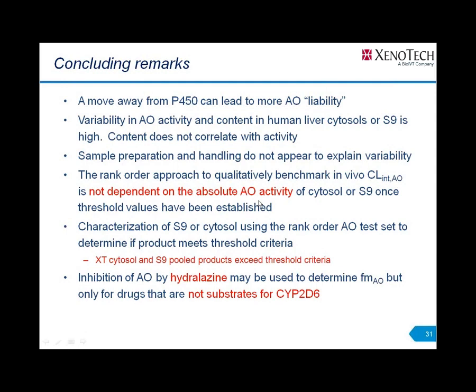As long as a particular threshold has been established for a subcellular product, you can use that product for that rank order approach. Again, characterization of those products is important to determine whether those thresholds are met. And again, XenoTech's products, our pooled S9 and cytosol products, meet or exceed that threshold and are suitable for use with the rank order approach.